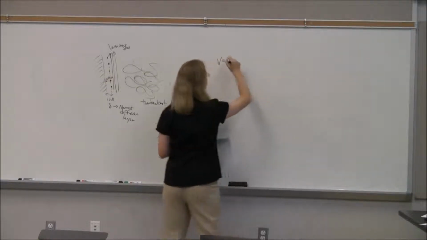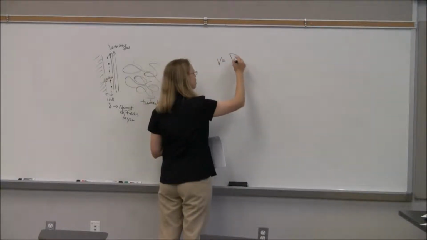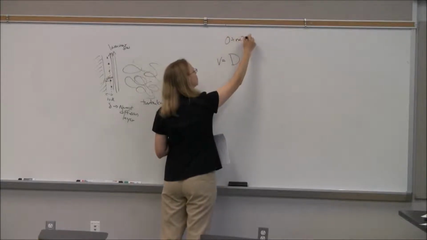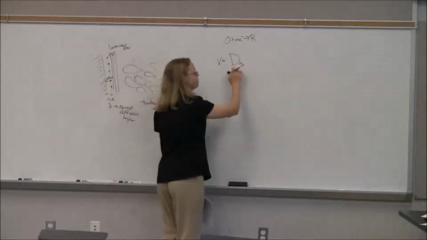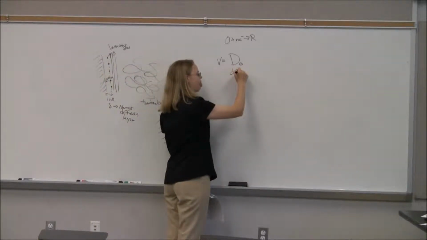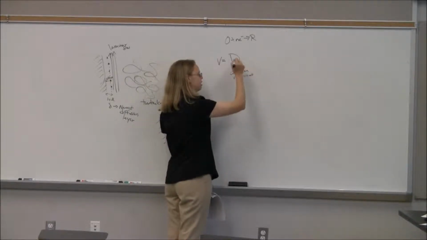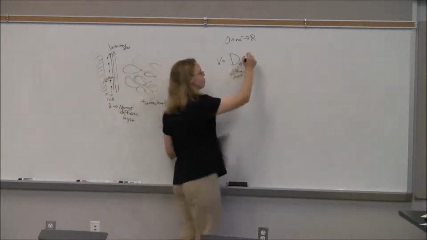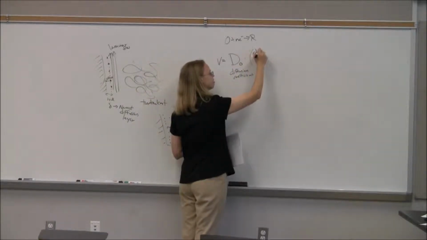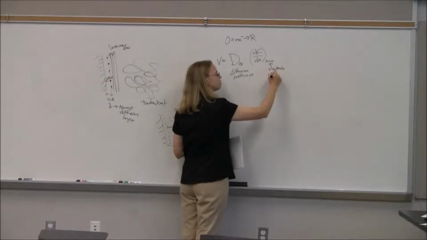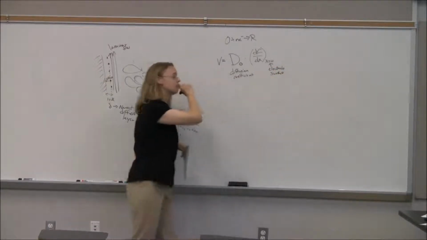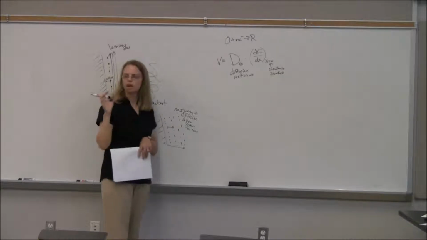Well, our velocity that we could go if we were in the Nernst diffusion layer would be equal to whatever my diffusion coefficient is. We're always doing the same Faulkner reaction. So the diffusion coefficient of O, times whatever the concentration gradient is, at x equal to 0, which is always the electrode surface.